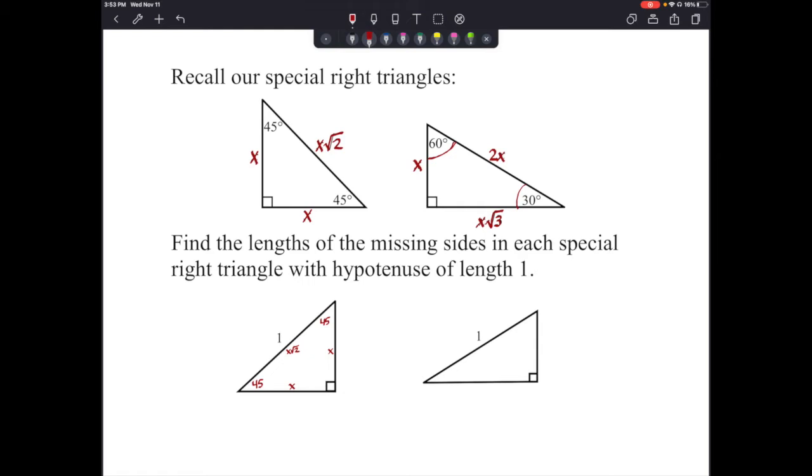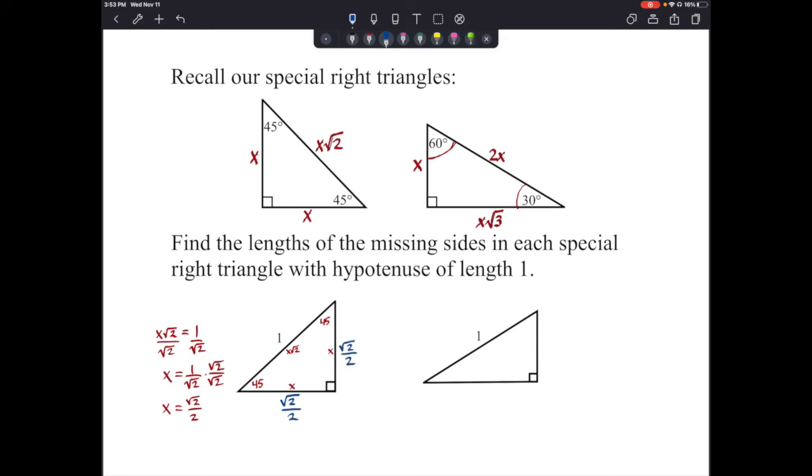So we can use that to figure out what the value of x is going to be. If x radical 2 is supposed to equal 1, because that's what we have written over here, then we can solve for x by dividing each side by radical 2. And we have x is equal to 1 over radical 2, which, if we rationalize our denominator, should look a little bit more familiar as radical 2 over 2.